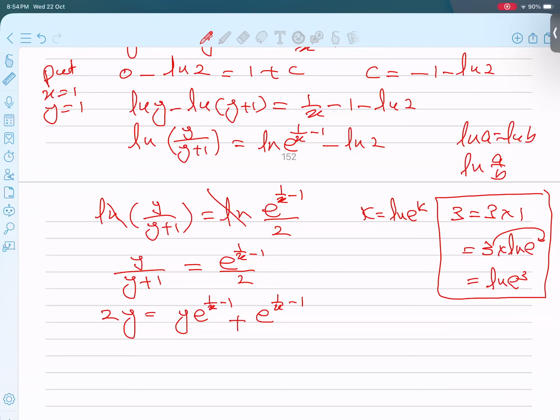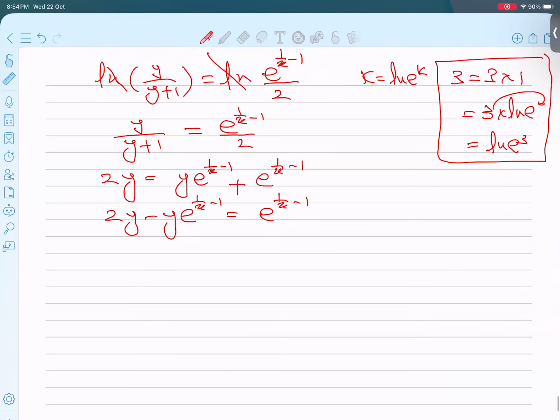Afterwards, this value I can bring here. I get 2y minus y times e to the power 1 by x minus 1 equals e to the power 1 by x minus 1. What is common from here, students? y common, 2 minus e to the power 1 by x minus 1 left behind. Same story here. And now this will go down, and we have done it.